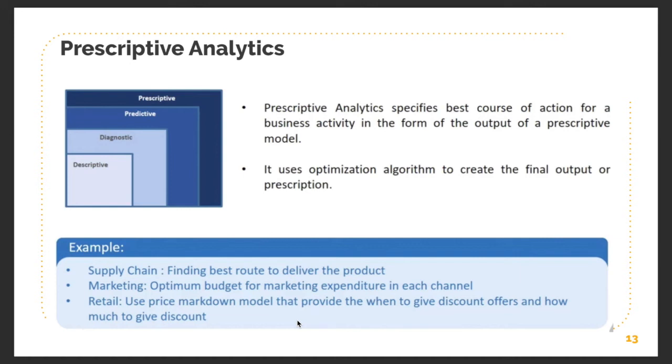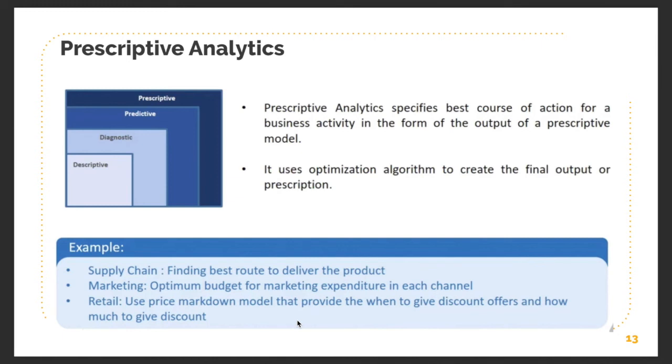Prescriptive analytics tells you what would happen and it will also tell you what to do when that happens. It specifies the best course of action for a business activity in the form of the output of a prescriptive model. It uses a lot of optimization algorithms to create the final output, which we call a prescription. So prescriptive analytics is using sophisticated tools and techniques as well.